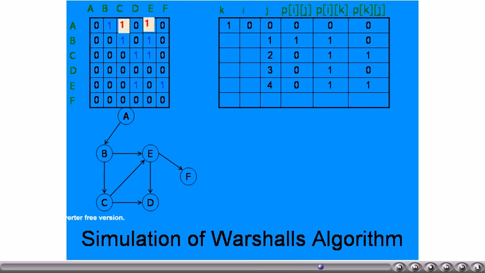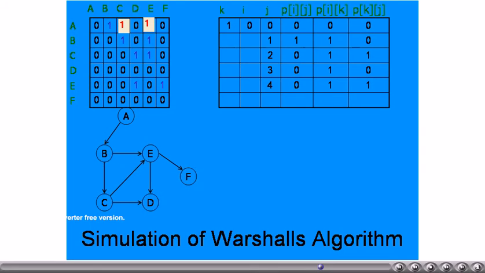Now j value becomes 4. Pij is currently 0. However, pik, that is 0, 1, is 1. Pkj, that is 1, 4, is 1.